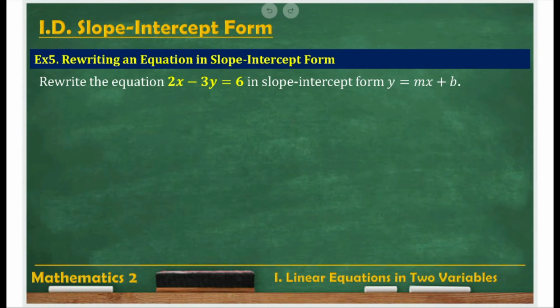So this is now the equation of the line in slope-intercept form. Now let's move to example number 5. Here we're going to rewrite the equation 2x minus 3y equals 6 in slope-intercept form, y is equal to mx plus b.